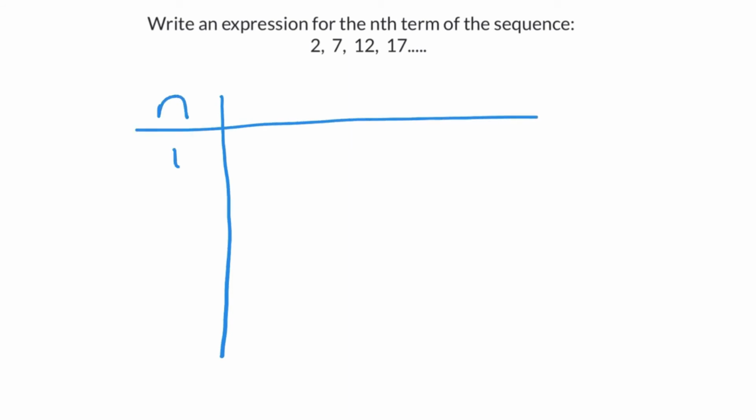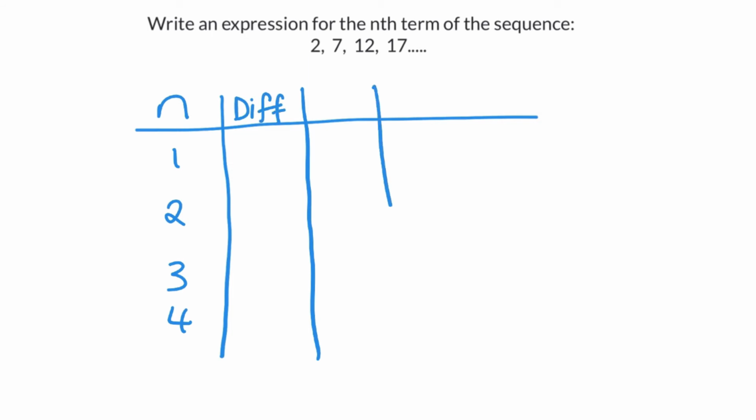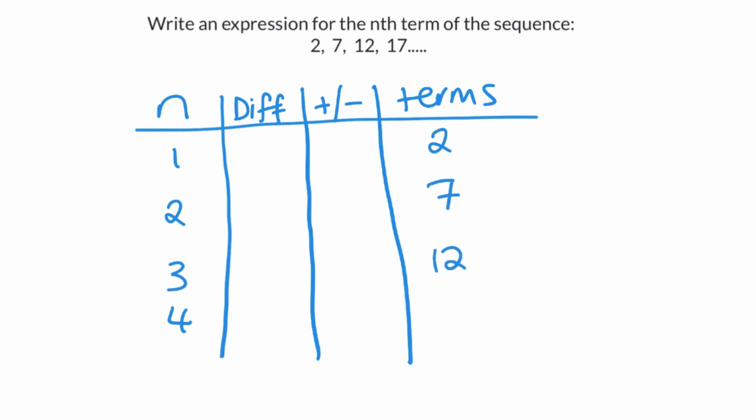So we've got 1, 2, 3, 4. Our next column is going to be the difference between them. The next column is going to be plus or minus, and the last column is going to be the terms. So the first term is 2, second term is 7, third term is 12, fourth term is 17.